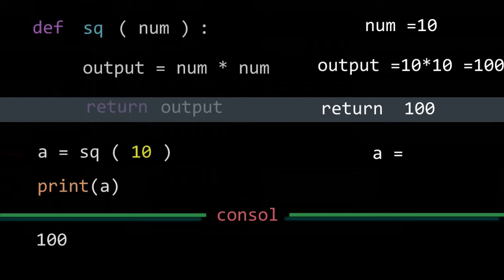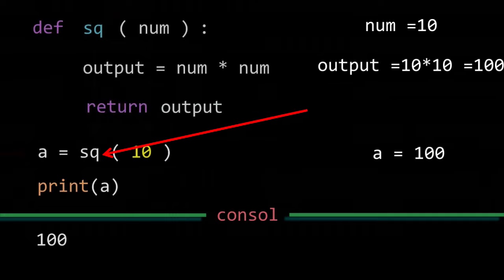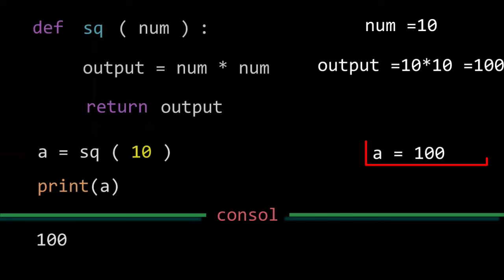So now we have come to the end of the function, and it is time to go back to our program with the value 100. So now it will interpret it as a is equal to sq 10. That means a is equal to 100. So in this way the program runs.